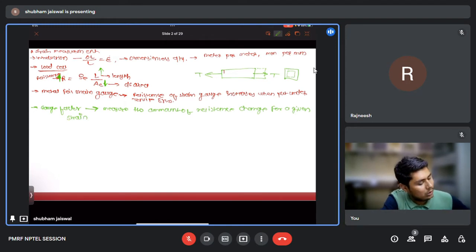We can also represent the gauge factor in terms of Poisson's ratio as 1 + 2μ.